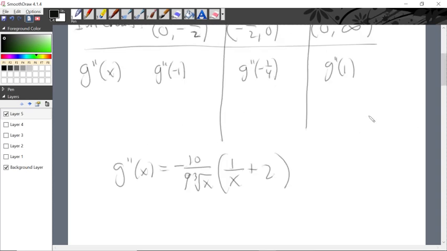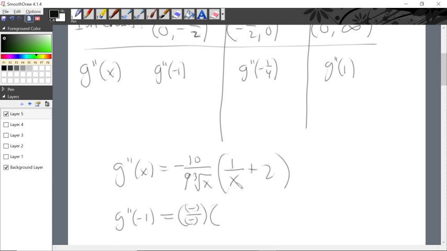So we have two factors. Let's start with negative 1, g double prime of negative 1. We have negative 10/9 times the cube root of negative 1, so we have negative over negative, which is ultimately going to be positive.